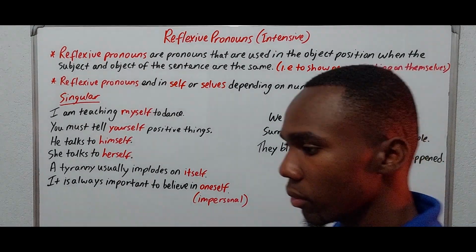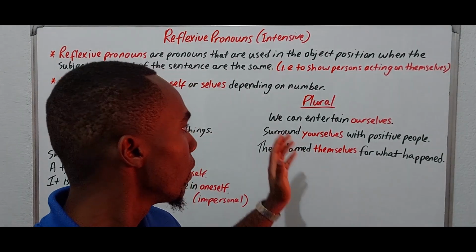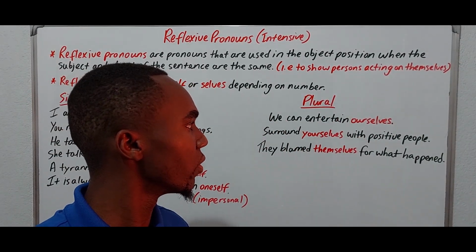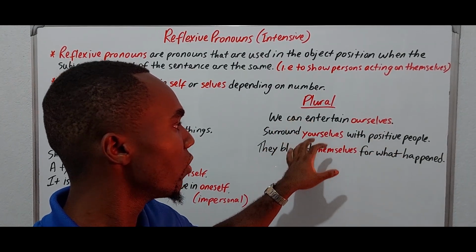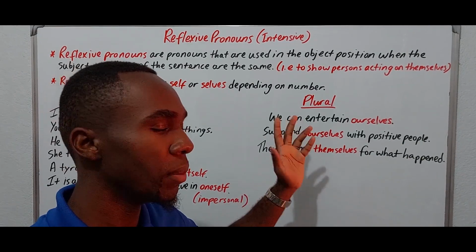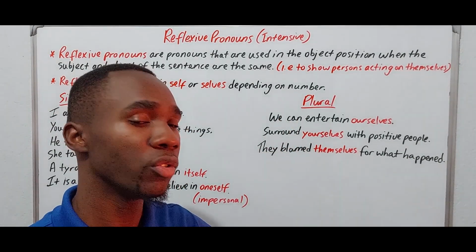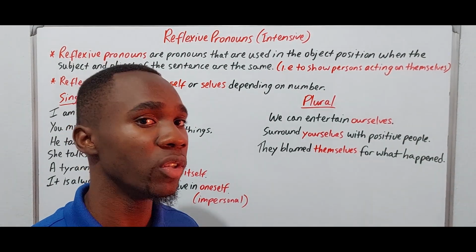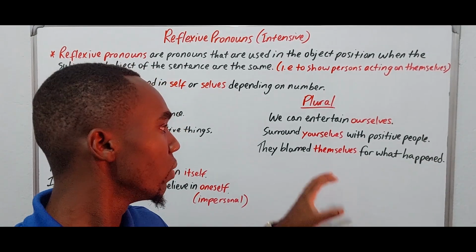So let's go over to the plurals. We can entertain ourselves. You see, ourselves corresponds to we. Surround yourselves with positive people. So it will be implied by context that we're referring to a group of people that we know. Hence, we're using you.